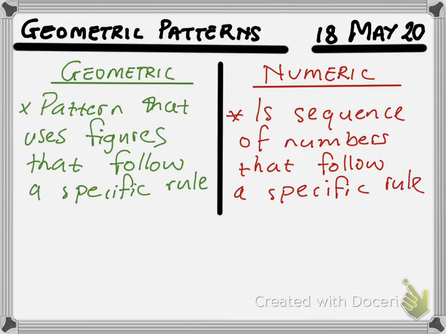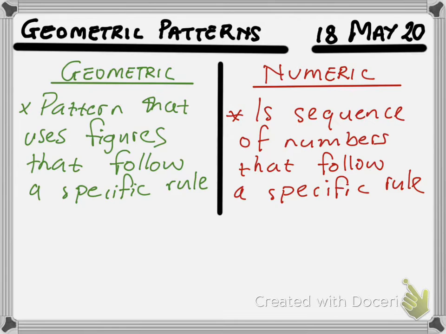Right. So the difference between those two, as you can see now, one uses figures to show a pattern, one uses numbers to show a pattern. What's common between the two is that they both have a rule. But we'll do the rule and stuff later on.